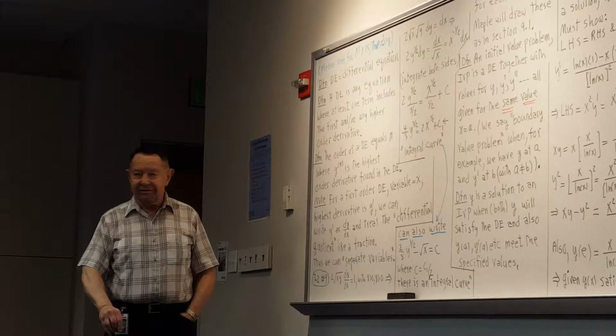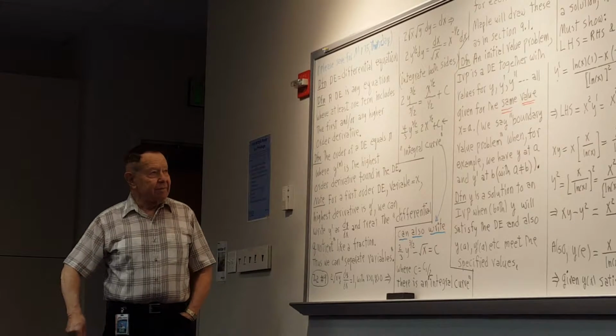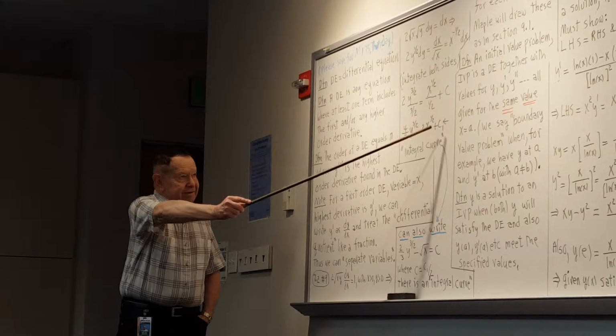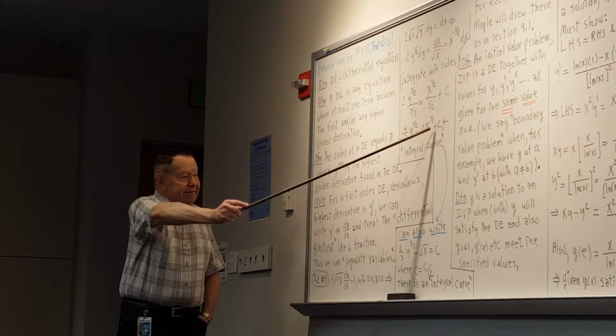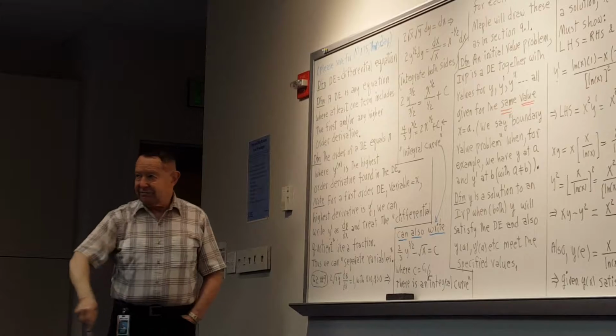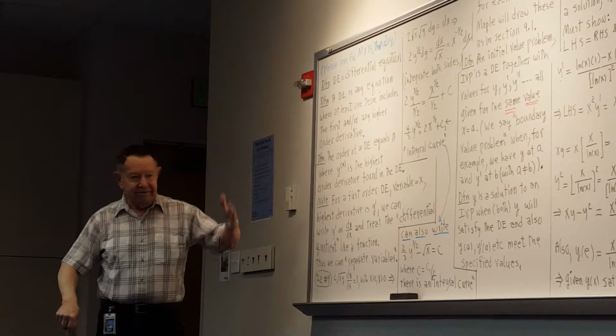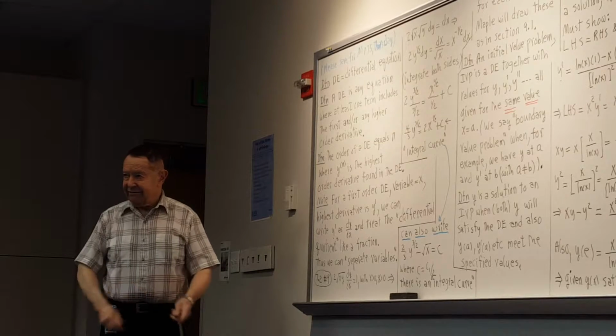A more modern term is trajectory, actually. And the idea is that you would get a trajectory for each choice possible of the constant. So you really have an infinite family of solutions.